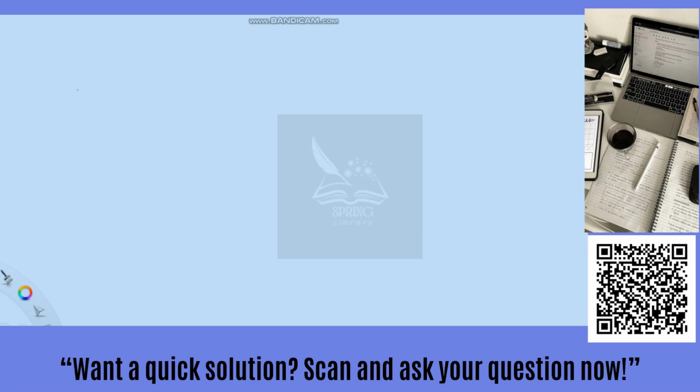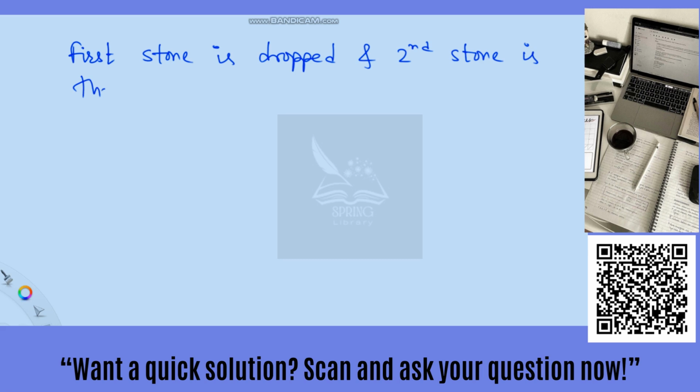Hi, here in this given problem, from the top of the bridge, first stone is dropped. Dropped means its initial velocity will be 0, and the second stone that is thrown vertically down.